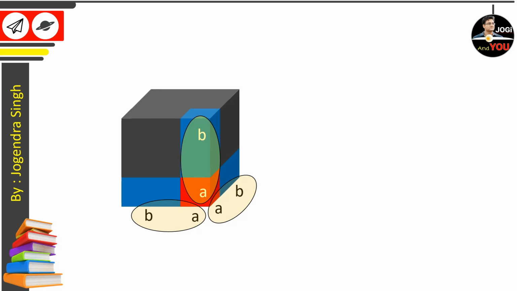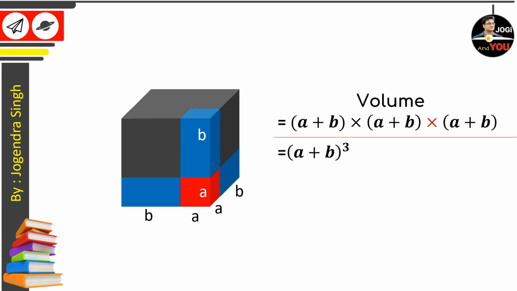So naturally, if you multiply the length by breadth by height to get the volume, you get (a+b) the whole cube. So far, we have understood what we are trying to show as an equation. So the first part is ready, which is one side of the equation, that is (a+b) the whole cube.